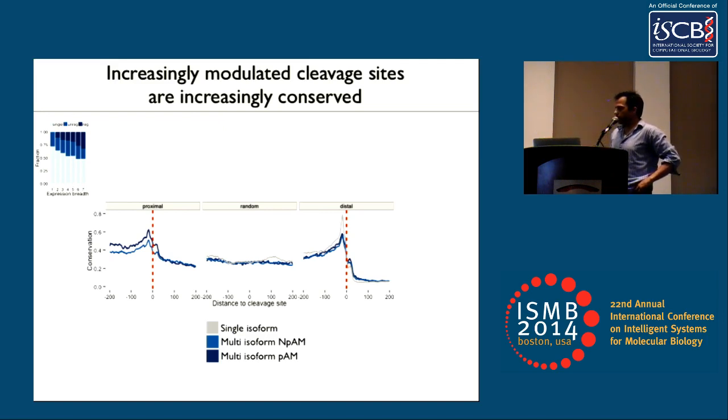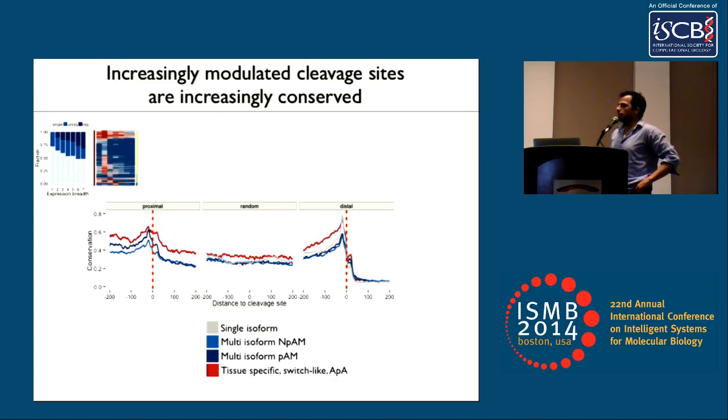And lastly, the genes that exhibit this tissue-specific switch-like behavior are even further increased. They have a further increase of conservation around these sites, suggesting that, I mean, we're using conservation as a proxy for functional requirements of the sequence around the RNA there.